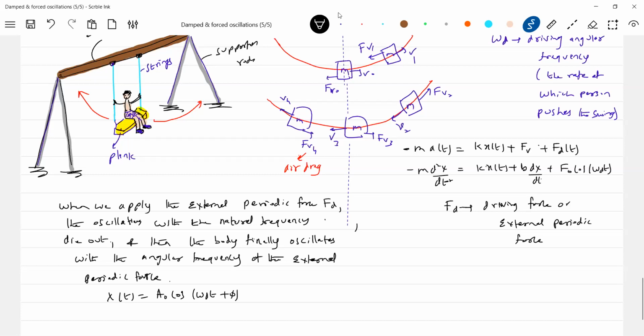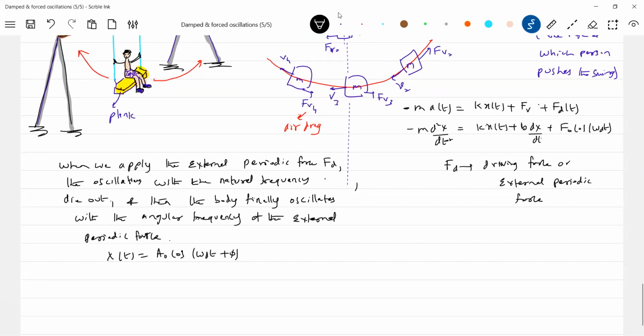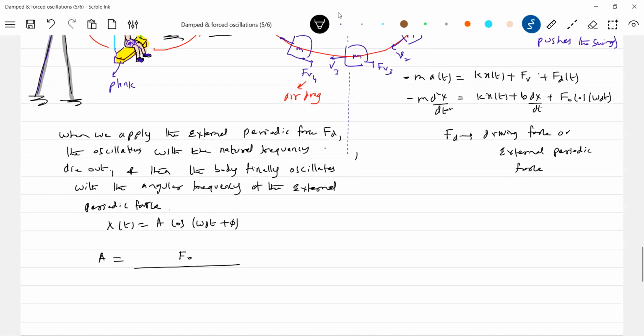Then what about the amplitude? The amplitude is given by F naught over a certain expression. Remember the formula; don't bother asking how it was derived, because at your level it is not possible to show it mathematically.